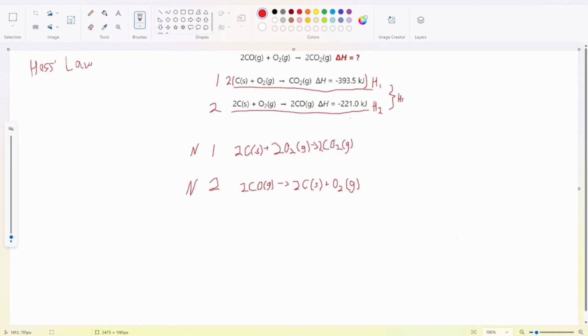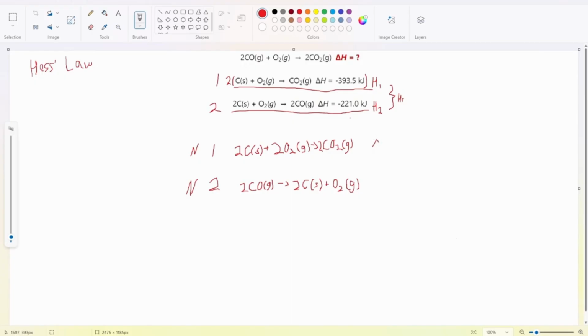But also, we need to look at the delta H's. Now I left these for last on purpose, right? So let's focus on this one first. You need to multiply it by 2, because when multiplying, you have to multiply not only the formula, but everything. So when you do 393.5 times 2, it ends up as 787, right?